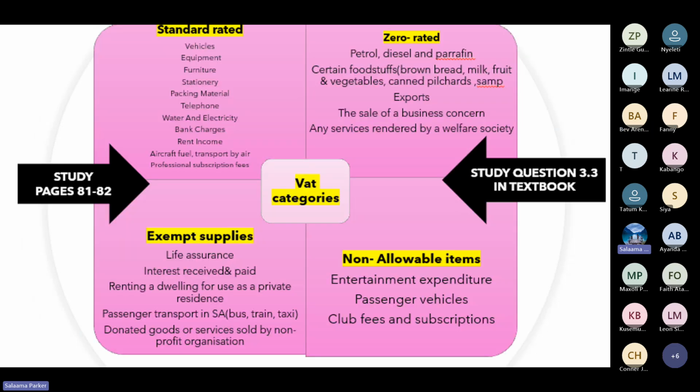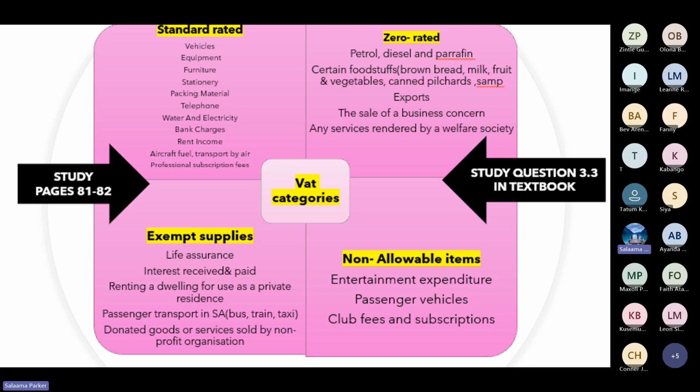Okay. Then your categories, you need to know all this again because you could get short questions on your VAT categories. Guys, you have to remember we could ask you again what are standard rated, zero rated, exempt or non-allowable items, short questions. So please do go through this on pages 81 to 82 and also question 3.3 in your textbook.